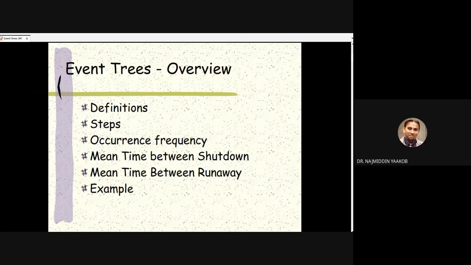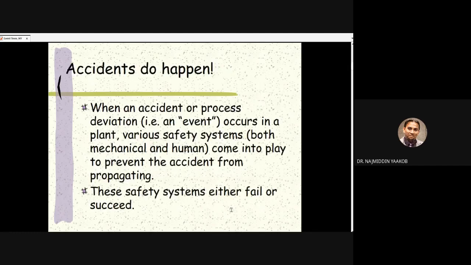So we have steps: the occurrence and frequency, mean time between shutdown, and mean time between runaway, and we'll look into the example of the event tree process, or how to quantify, especially the mean time between shutdown and the mean time between runaway.